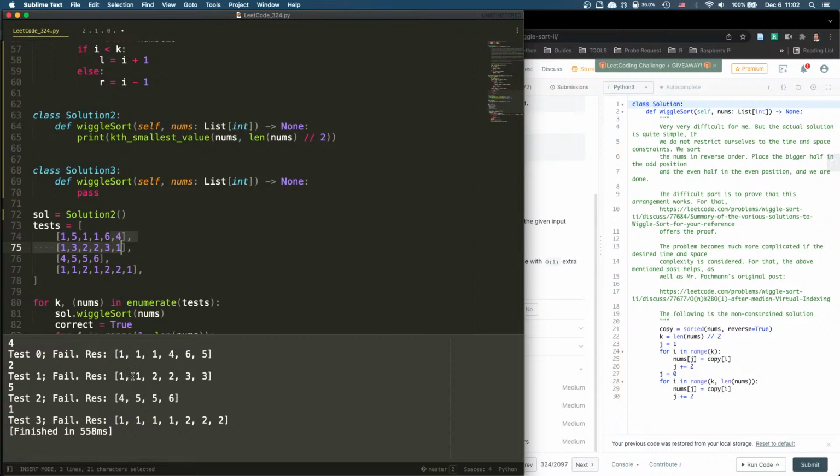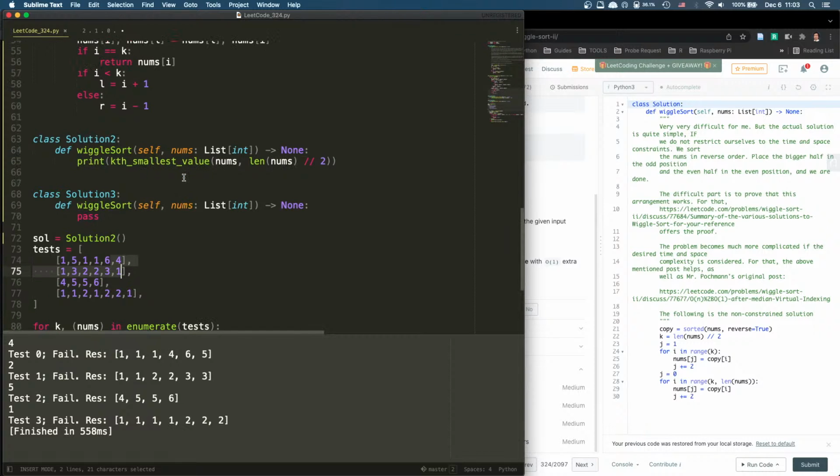Oh wait, 0, 1, 2, 3. Hold on, which position should we point to? No, it should be this position, right? And this value should be 1 instead of 4. And this one is 1, 0, 1, 2, 3. It should point to the third one.